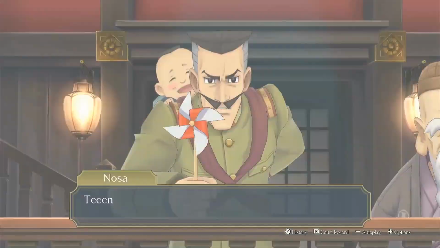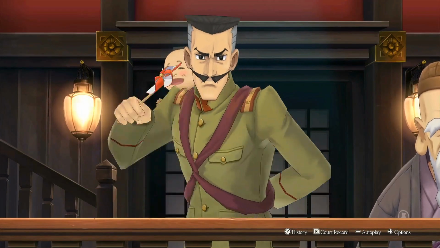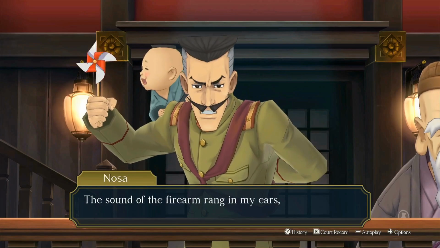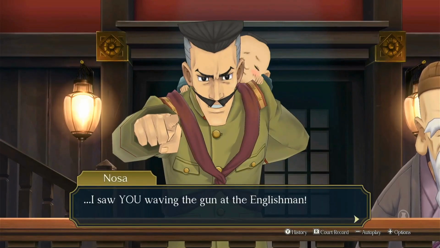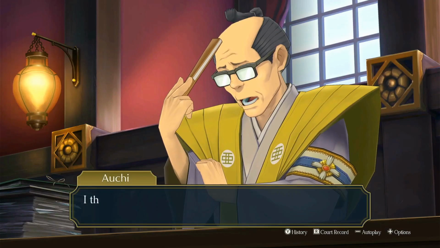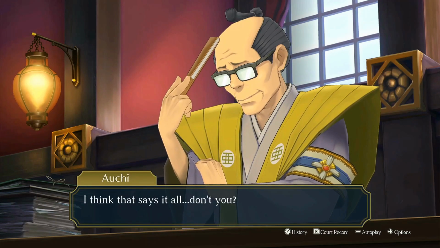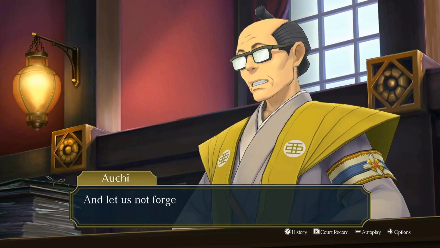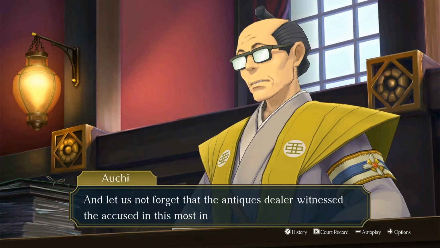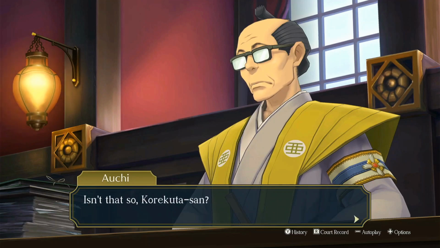Have what? Tension! The sound of the firearm rang in my ears, and the very next moment, I saw you aiming the gun at the Englishman. I think that says it all, don't you? Oh, that makes sense. And let us not forget the antique to witness the accused in the most incriminating position as well. Isn't that so, Kurakuta-san?